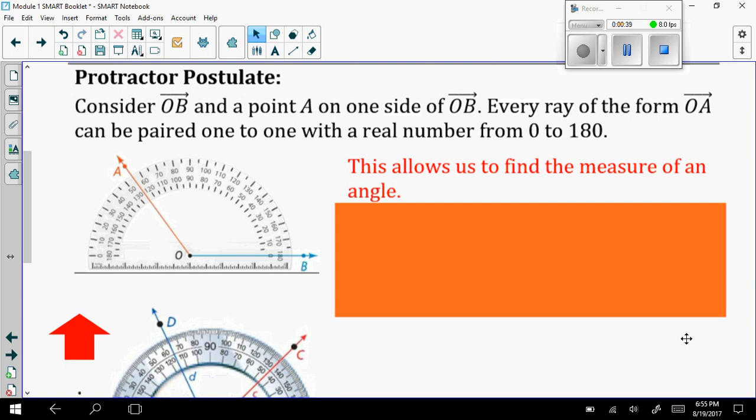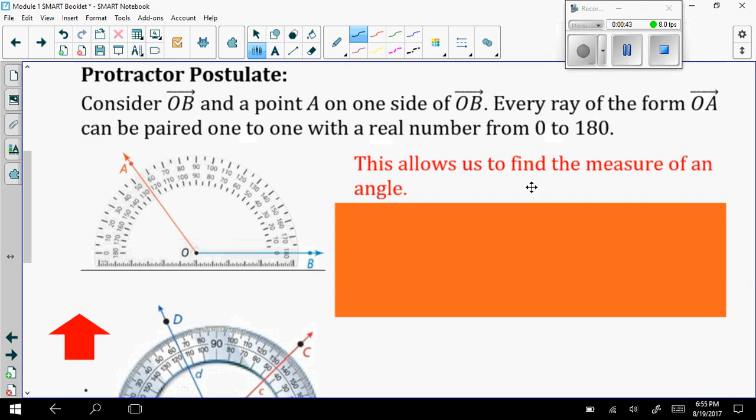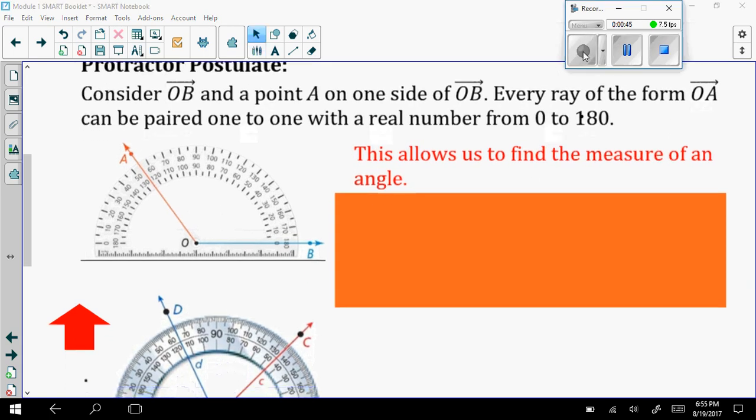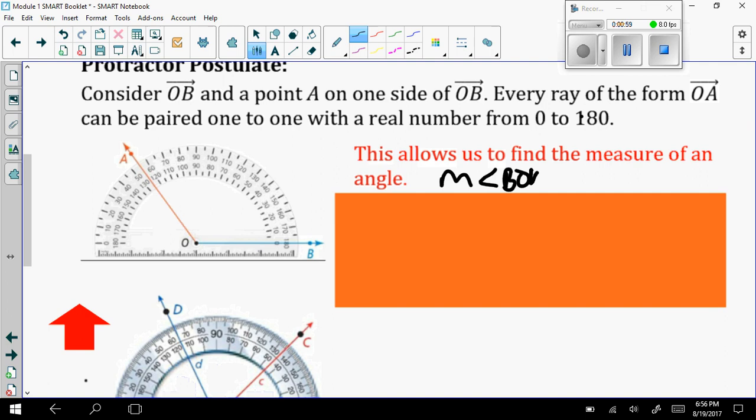So in this case, the measure of angle BOA is equal to, now notice my red line passes through two different things.